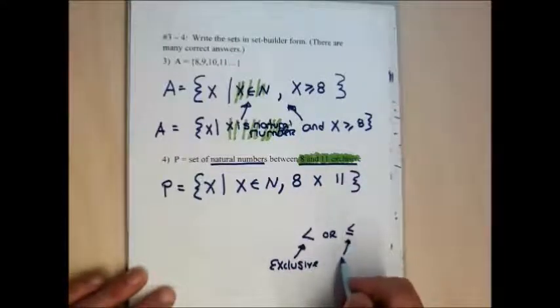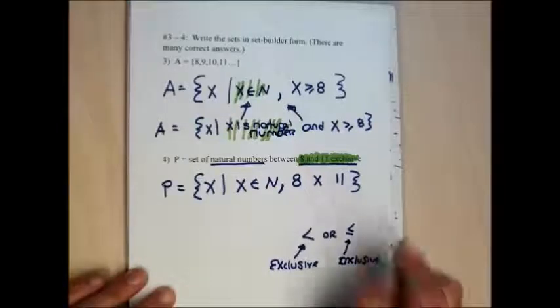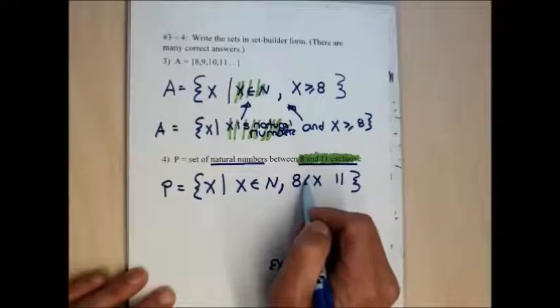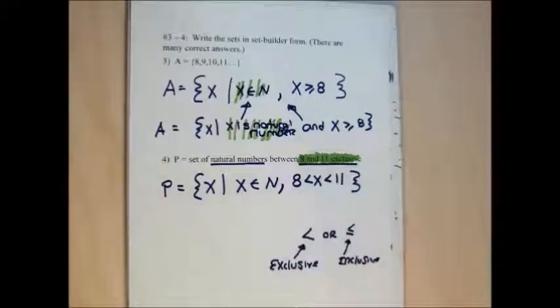Less than or equal to would be the symbol that I would choose if this word was inclusive as opposed to exclusive. Because it's exclusive, I'm just going to put less than signs. That's the answer I would come up with for number 4. There's definitely other correct answers, but not one that I would write.